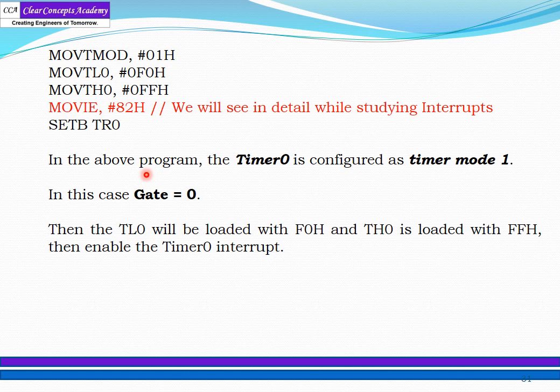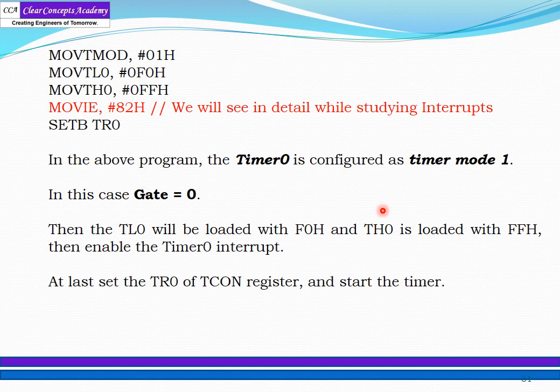Then TL0 is loaded with F0 hexadecimal and TH0 is loaded with FF hexadecimal. Then enable timer 0 interrupt. By this interrupt instruction, you are enabling the timer 0 interrupt. At last, set TR0 of the TCON register and start the timer. To start the timer, you are setting TR0 to 1.